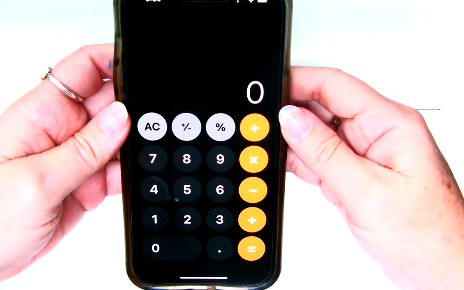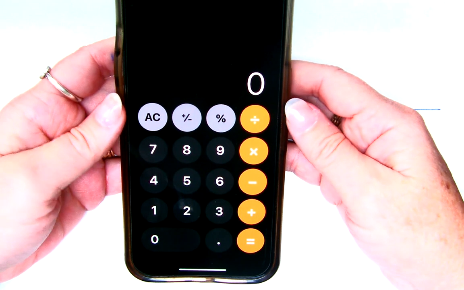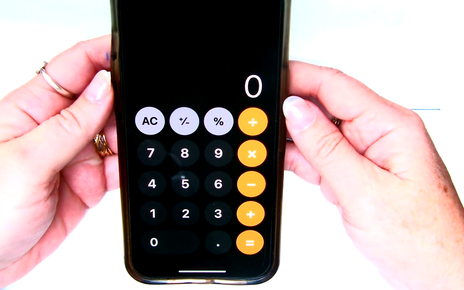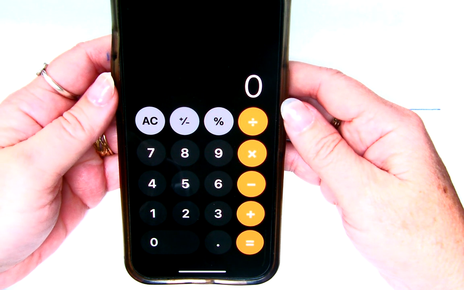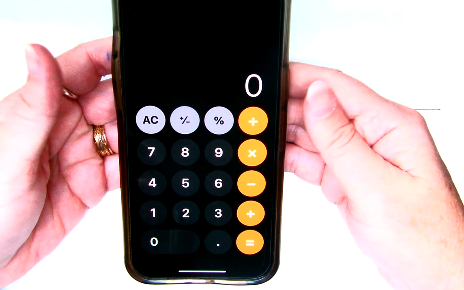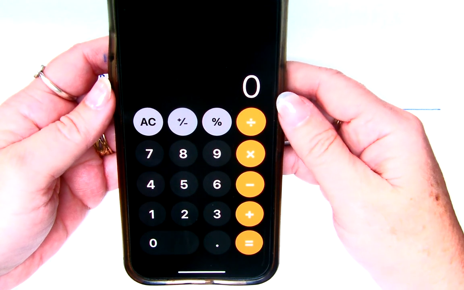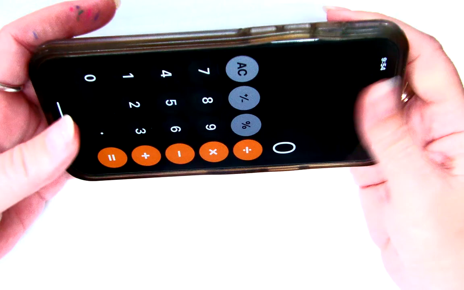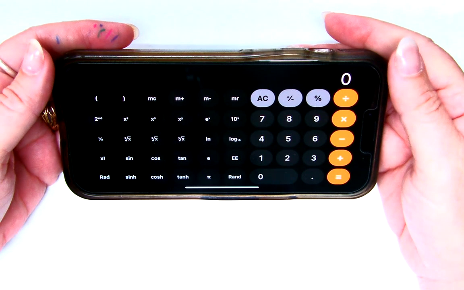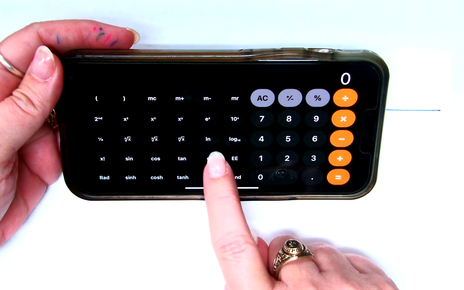Now, I know that there were teachers that told you you have to know how to do stuff by hand because you'll never always have a calculator with you. Well, they just didn't know that this kind of technology was going to be possible. Look.